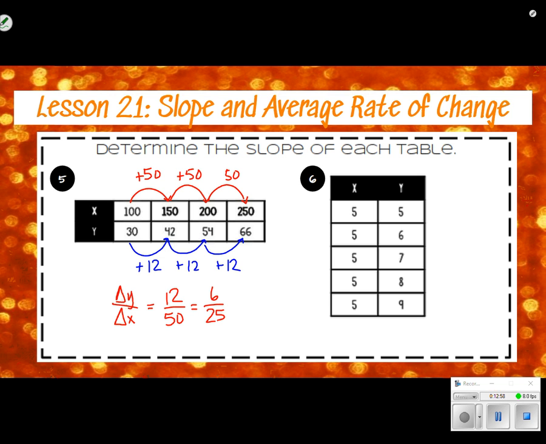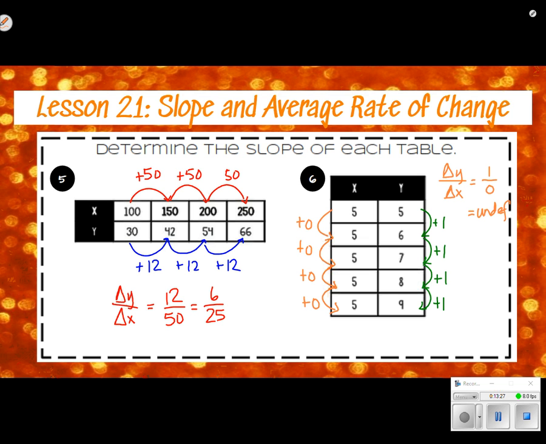All right, no context in these situations, by the way. Change in y, up 1 each time, over change in x, up 0. So change in y over change in x is 1 over 0, that's undefined.